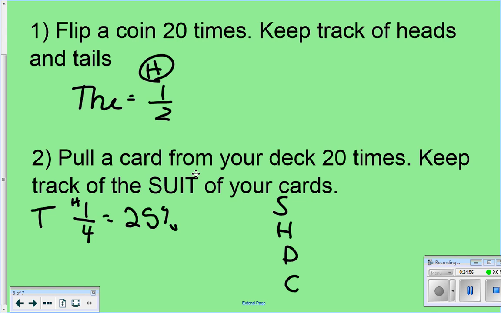About done? Okay, let's just start with hearts. Figure out how many hearts you have. What was your probability of that? And then go through and figure out all the other suits too: how many clubs, how many diamonds, how many spades. Did you write it down?